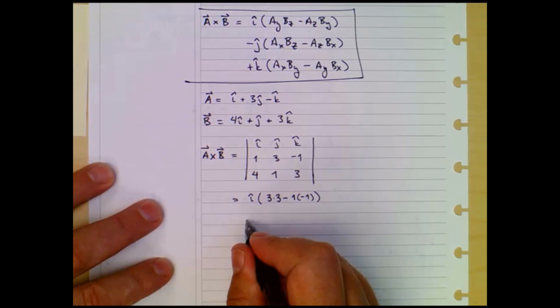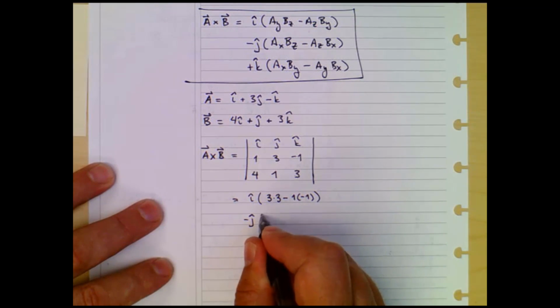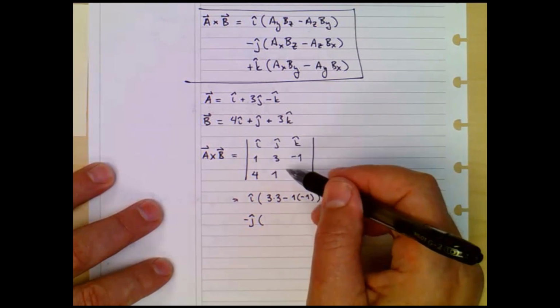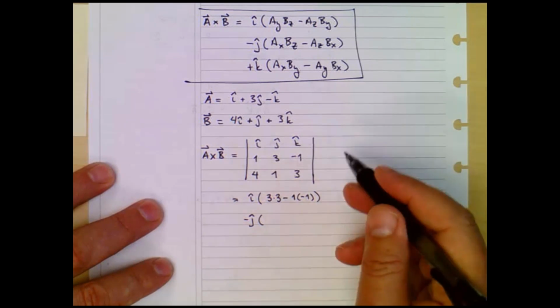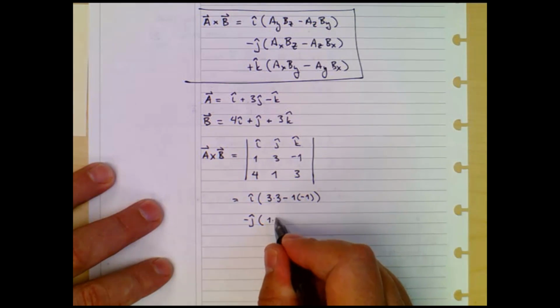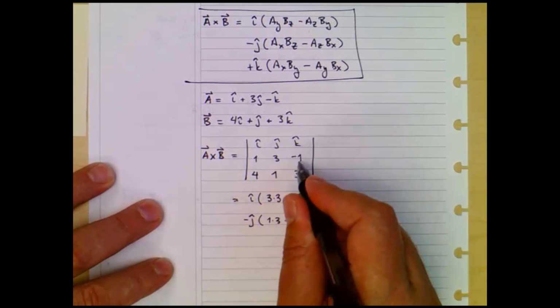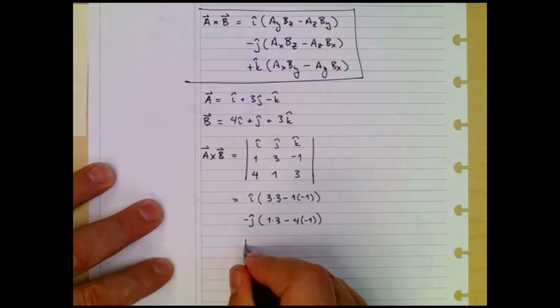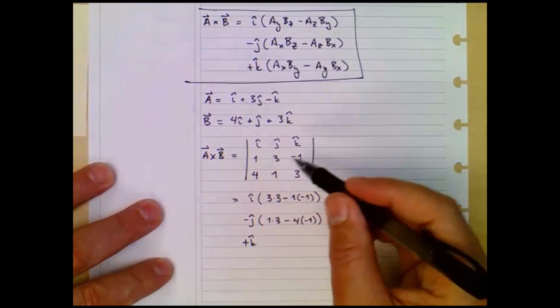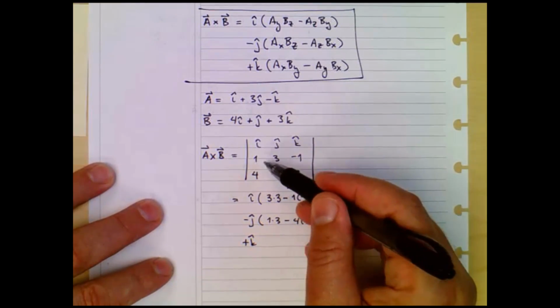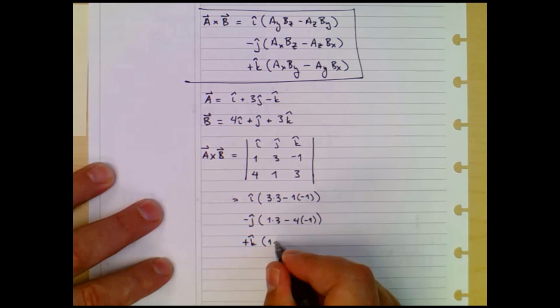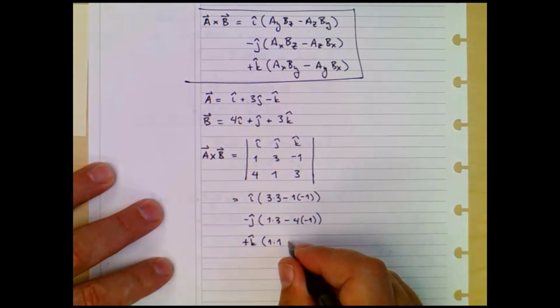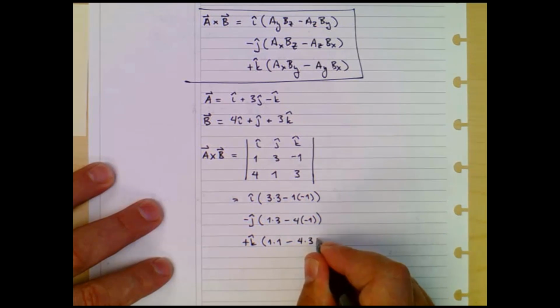I'm writing it all out completely. Then minus j times this determinant, this guy and that guy. So 1 times 3 minus 4 times minus 1. And then plus k hat times the determinant of this pair down here: 1 times 1 minus 4 times 3.